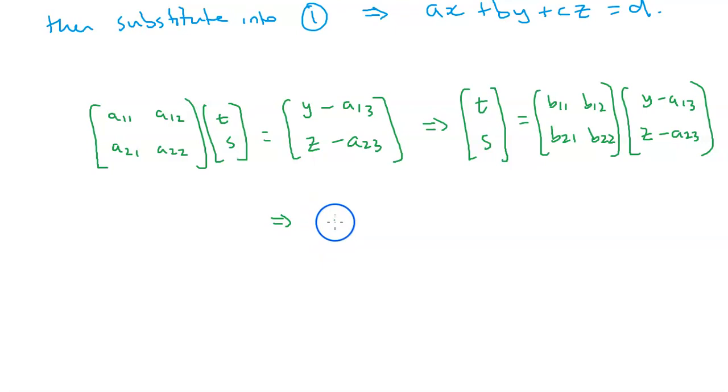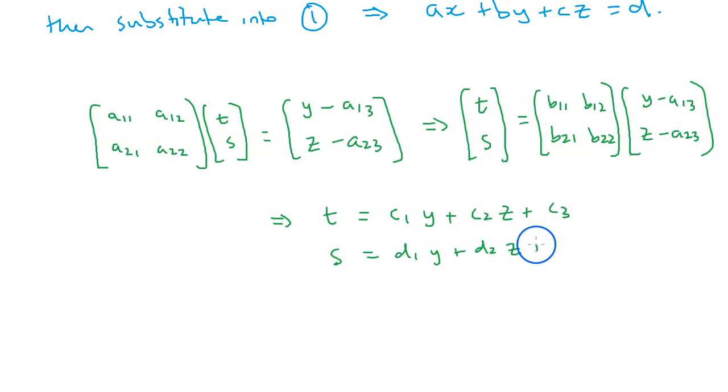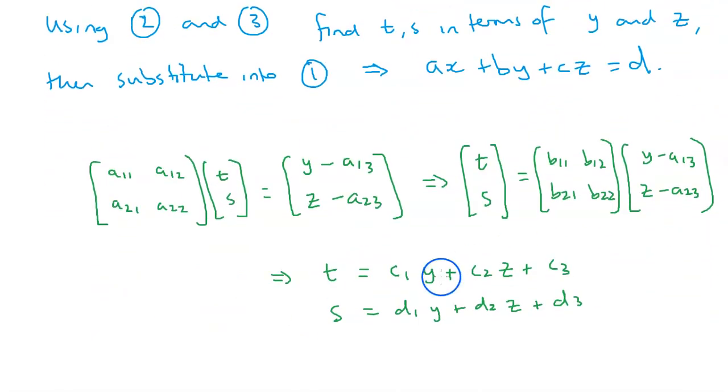So in particular, T is just going to equal, let's say, C1 times Y plus C2 times Z plus C3, and similarly S is going to equal, let's say, D1 times Y plus D2 times Z plus D3. And so finally, we know that T and S are linear equations of Y and Z of this form.